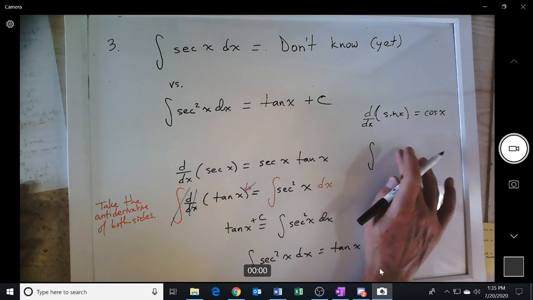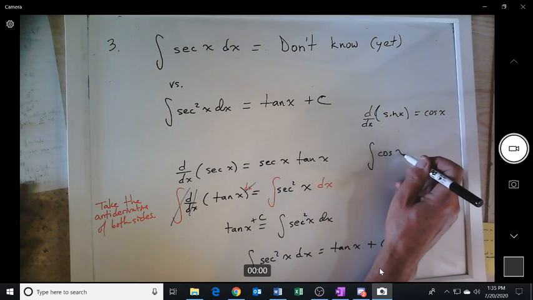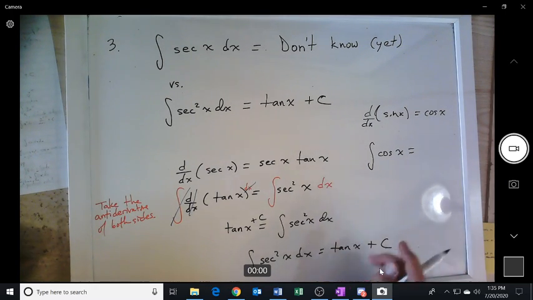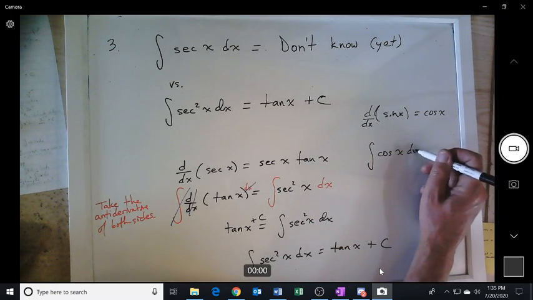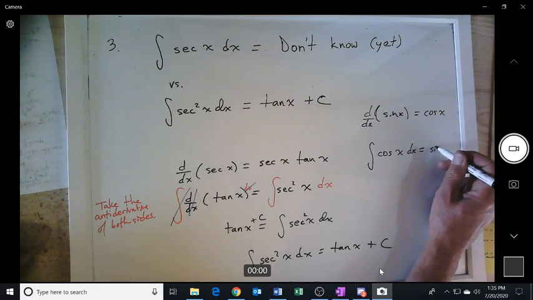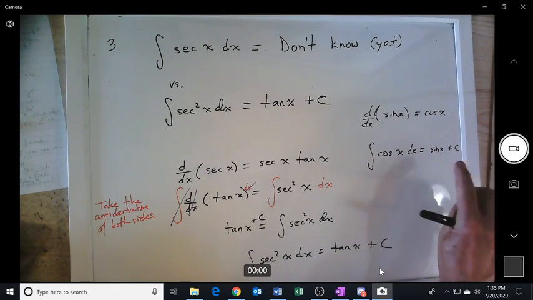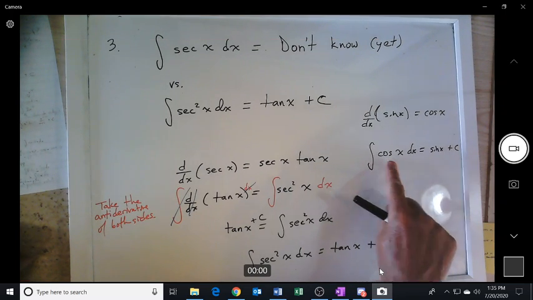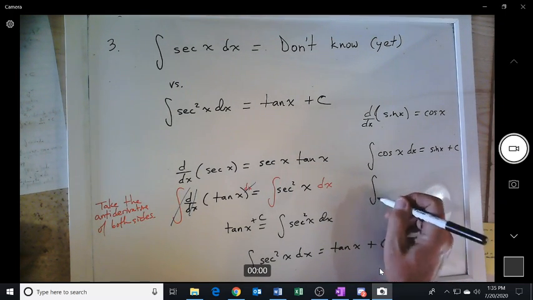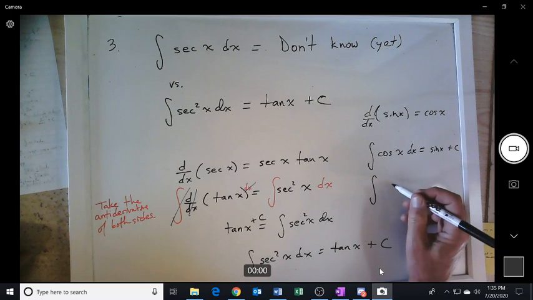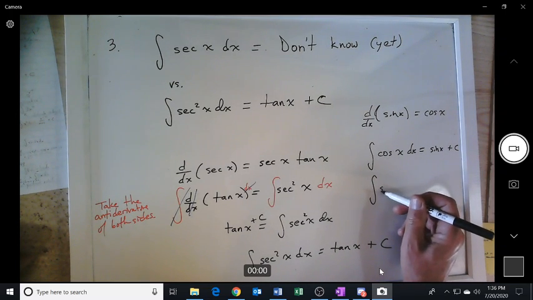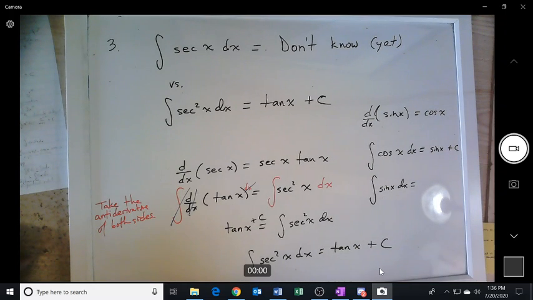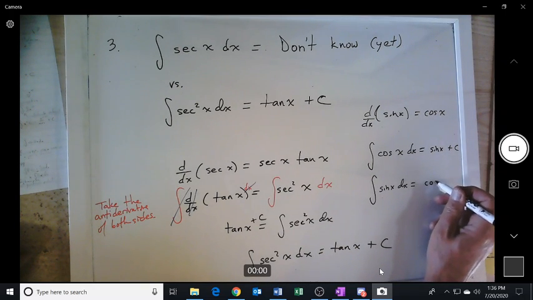The antiderivative of cosine x dx is sine x, because the derivative of this one has to give you this. The antiderivative of sine x dx is not cosine x.